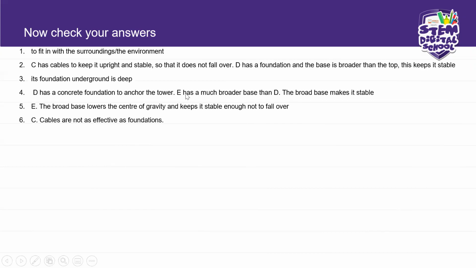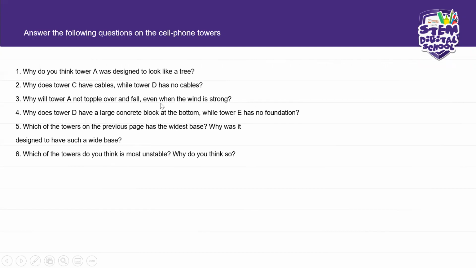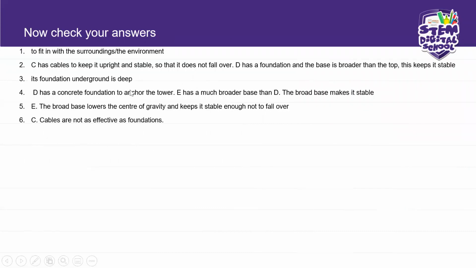Right. And then the second question was, why does Tower C have cables while tower D has no cables. Let's just look at the answer for that. C has cables to keep it upright and stable so that it does not fall over. D has a foundation and the base is broader than the top.